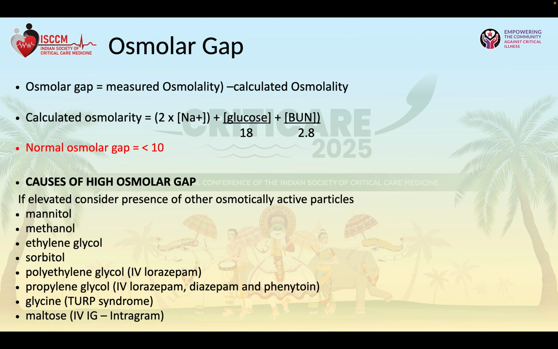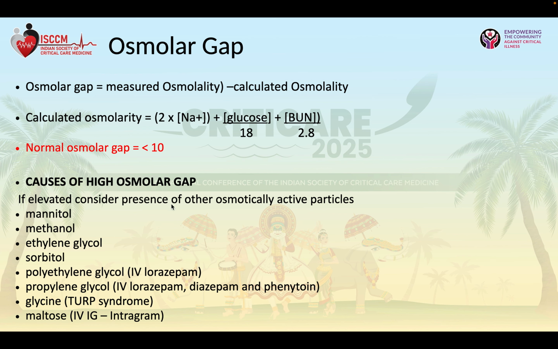And just talking about the osmolar gap, we know that it is nothing but the difference between the measured osmolarity and the calculated osmolarity. The calculated osmolarity is given by the formula 2 multiplied by sodium plus glucose divided by 18 plus BUN divided by 2.8, and a normal osmolar gap is less than 10.